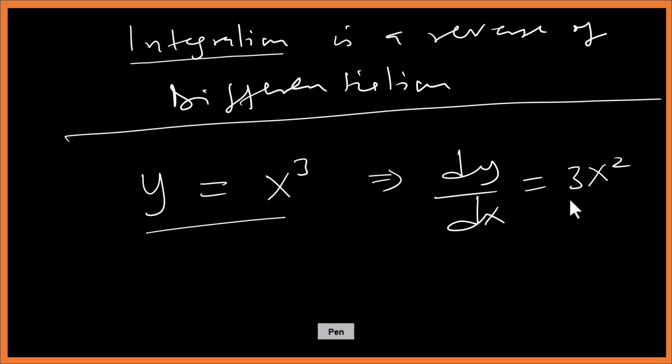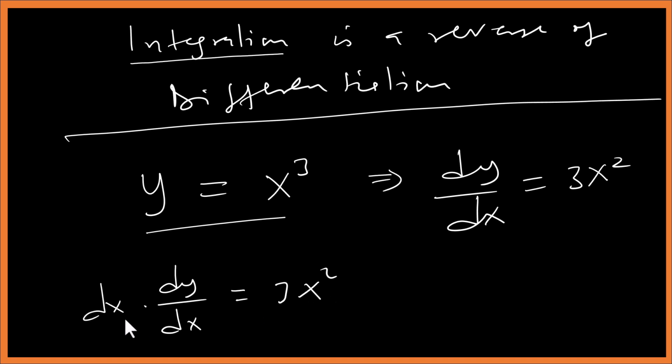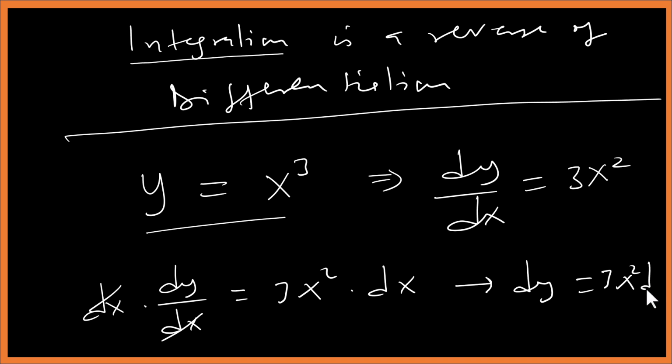So let's write it well. dy/dx equals 3x squared. Let's multiply this side by dx, so this side will cancel. dy equals 3x squared dx.